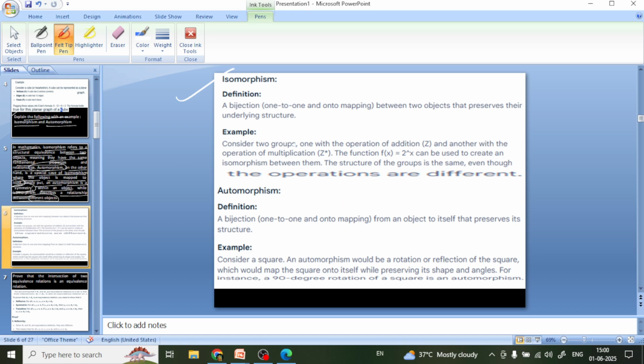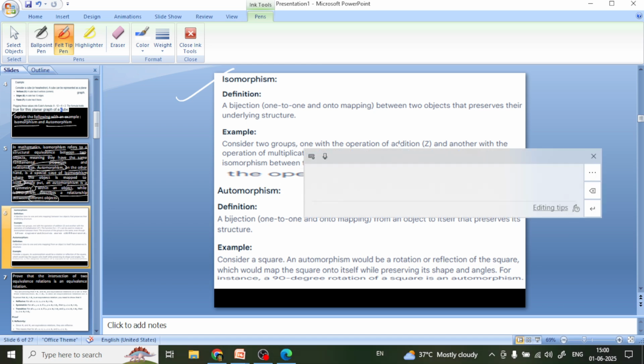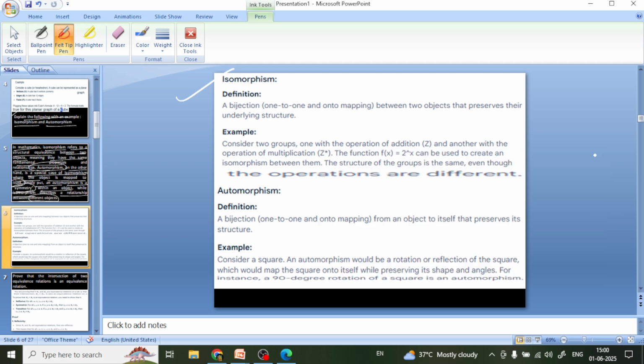For example, two groups are given, one with the operation of addition and another with multiplication, where the function f(x) = 2 raised to the power x can be used to create an isomorphism between them.